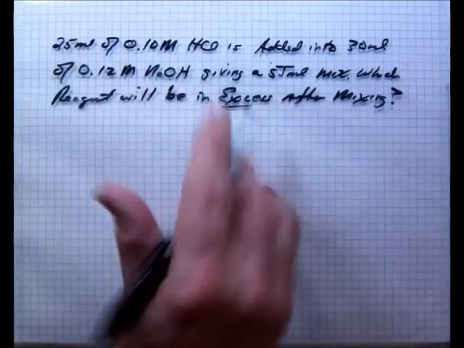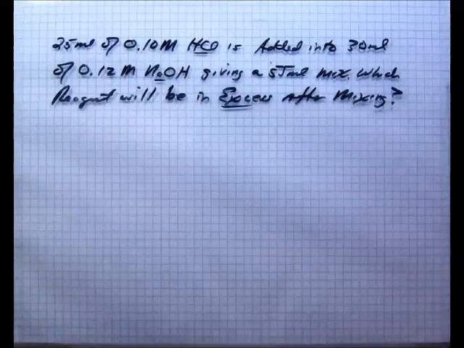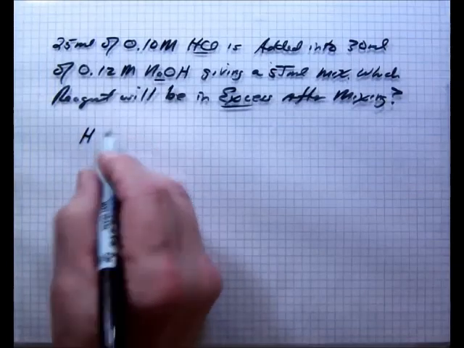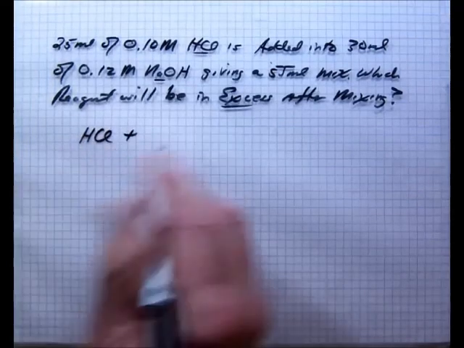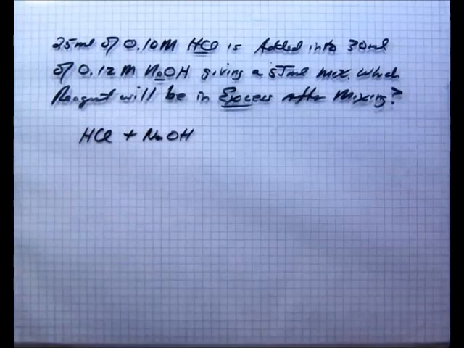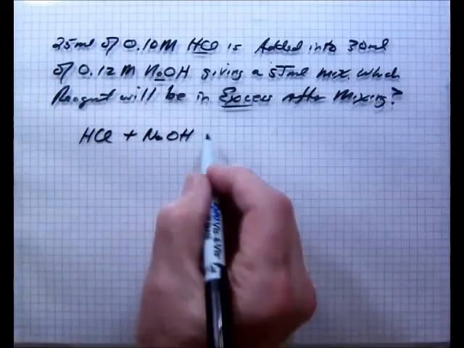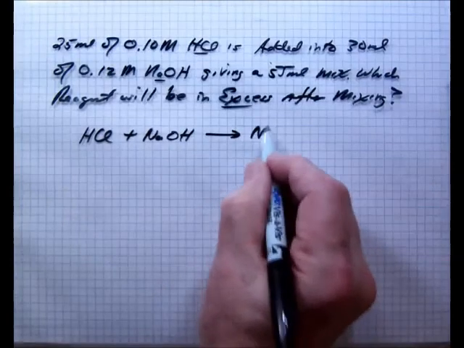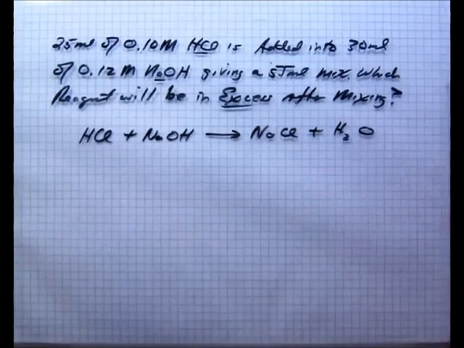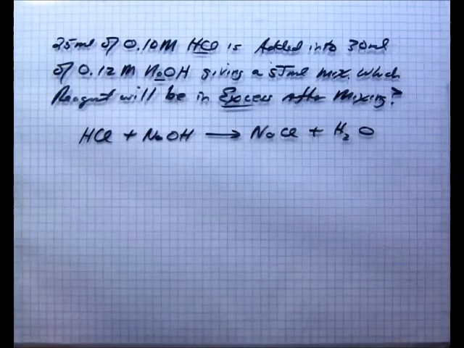What's the equation in here? HCl, I could have used HBr, in the HCl aqueous plus NaOH. Double replacement reaction, acid base, goes to what? NaCl plus H2O. Okay? Now what does the problem say?